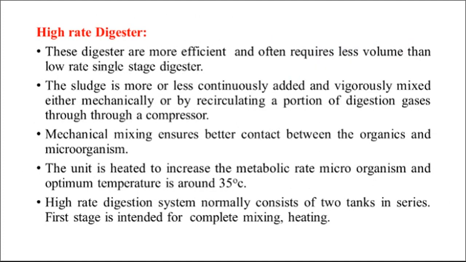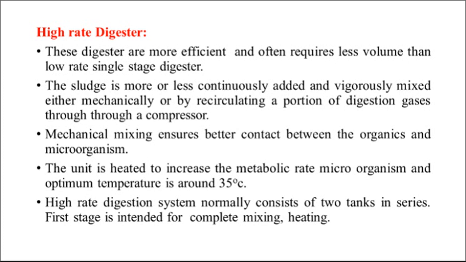The second type of digester is the high rate digester. These digesters are more efficient and often require less volume than the low rate digester. The sludge is more or less continuously added and vigorously mixed, either mechanically or by recirculating a portion of the digestion gases through a compressor.